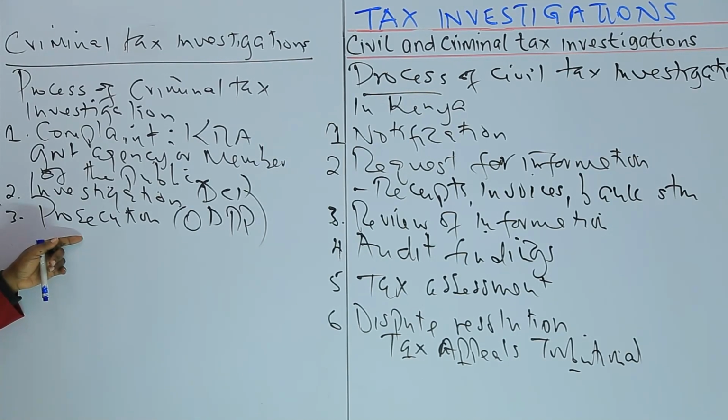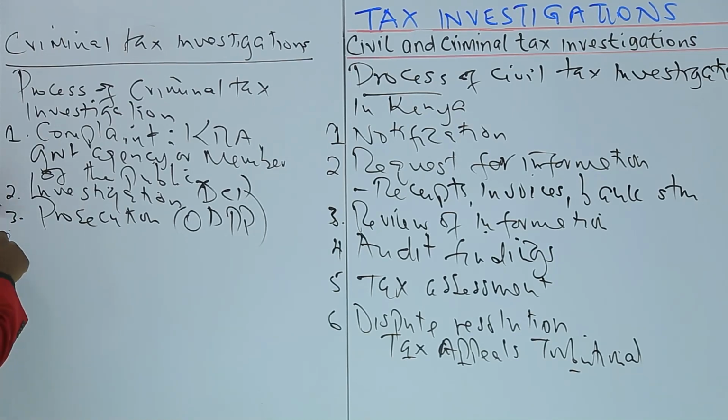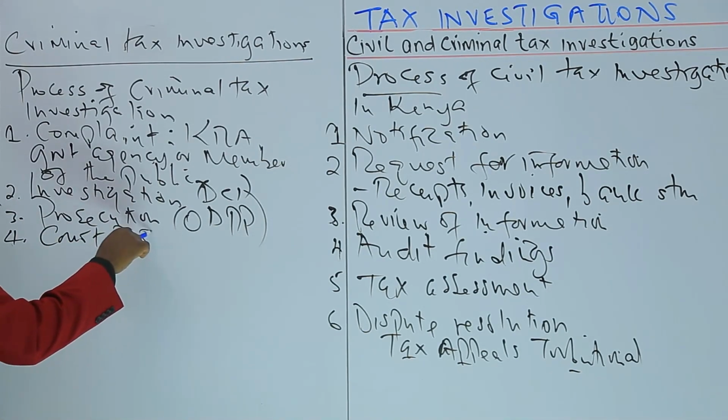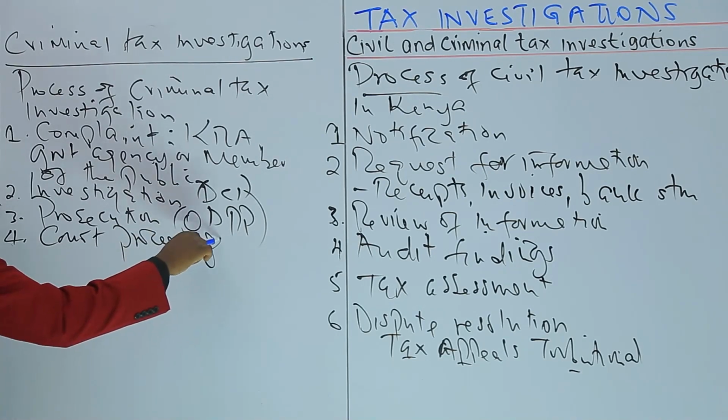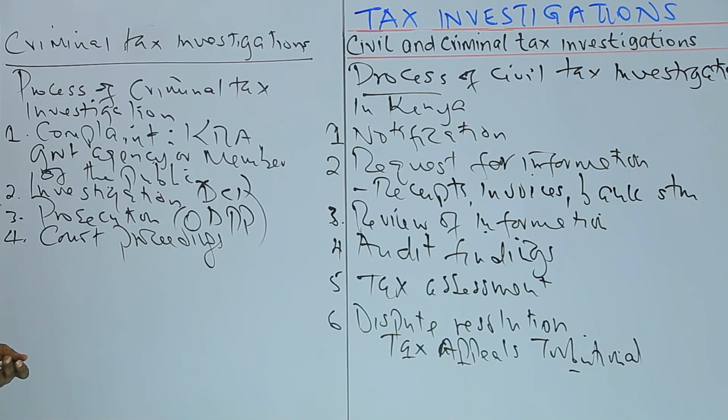If the DCI has sufficient evidence to support a criminal charge, they will forward the file to the office of the Director of Public Prosecutions. Then there will be court proceedings.